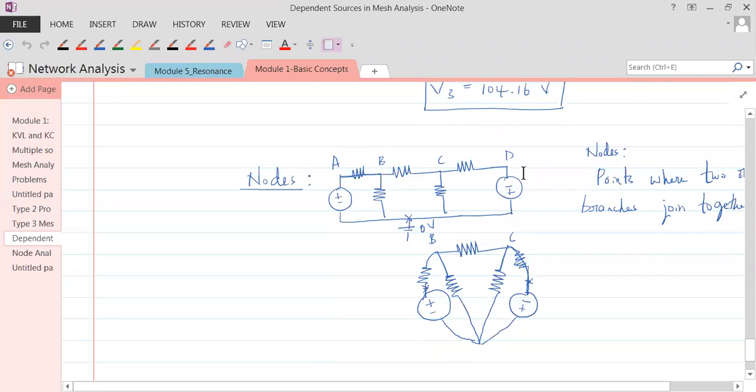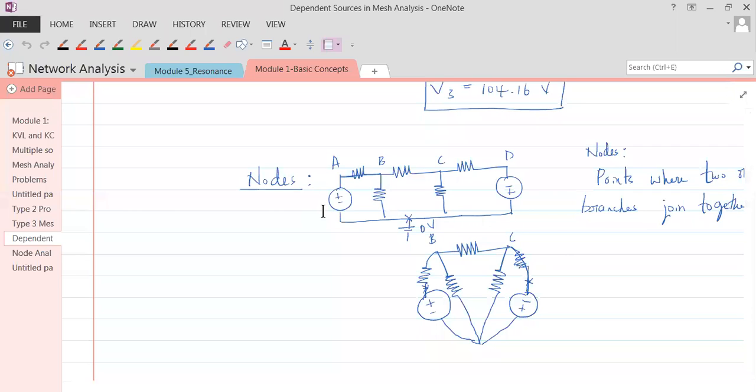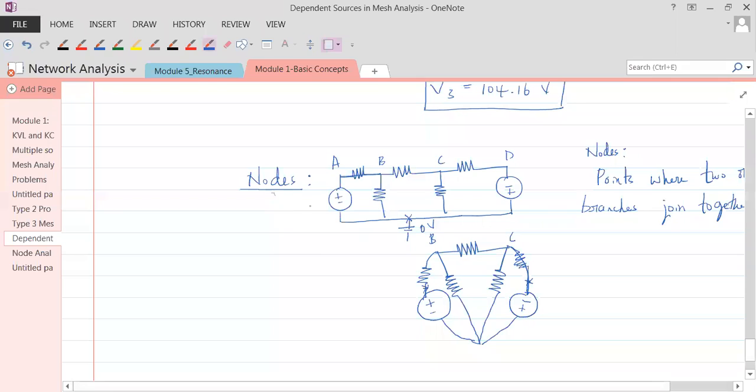Another thing we can see is when I mark A. Everybody understand this? If you have knowledge, just share with me. Suppose I mark this as 5 volts, this is node A, right? Do you know what VA is, the voltage at node A? Anybody? This point is ground, mind you.